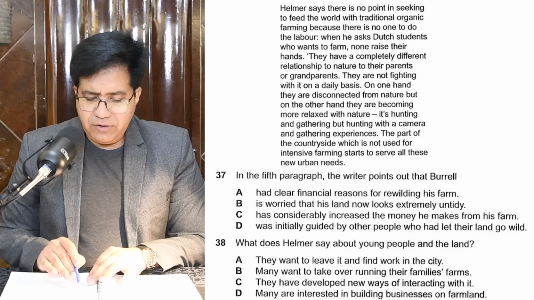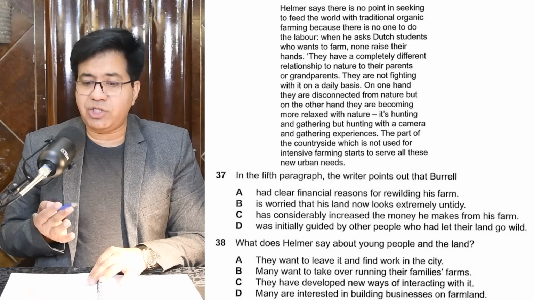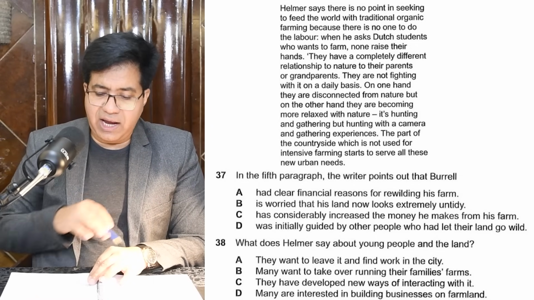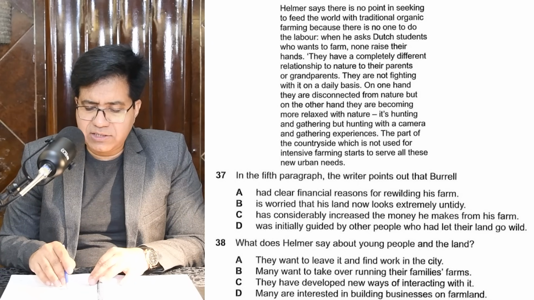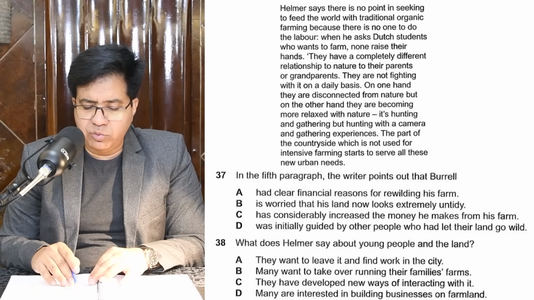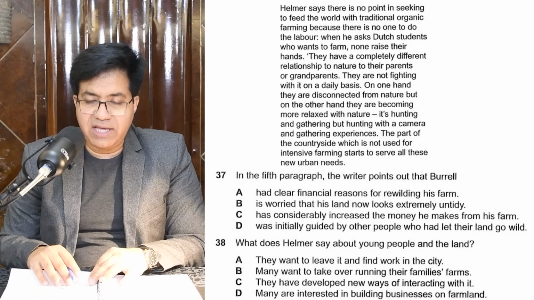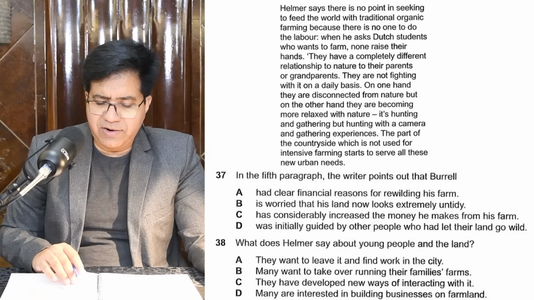I'm reading it from fourth line. Okay, it's the second page, last paragraph on the left side, fourth line. Or third paragraph. When he asks Dutch students, now Dutch students are young people, who wants to farm? None raise their hands. Now he asked young people, who wants to farm? None raise their hand.